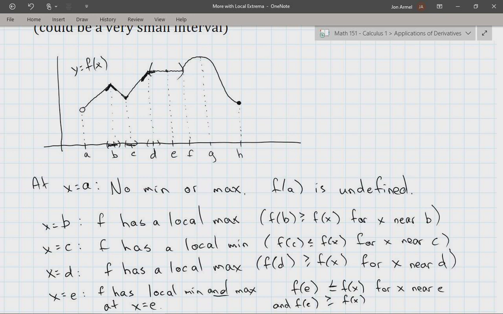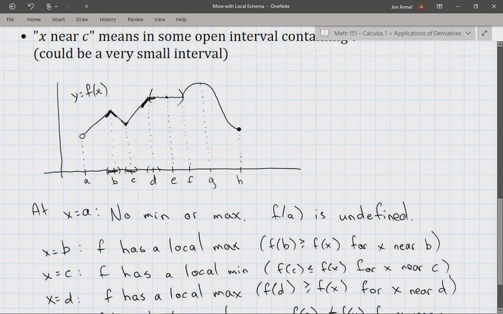Okay, so let me come up, maybe up to this box on the upper right so I can keep the picture in view. What happens at x equals f? So at x equals f, what's going on with my function? Well, the function gets bigger to the right, so definitely not a local maximum. But I would say that f of x has a local min.